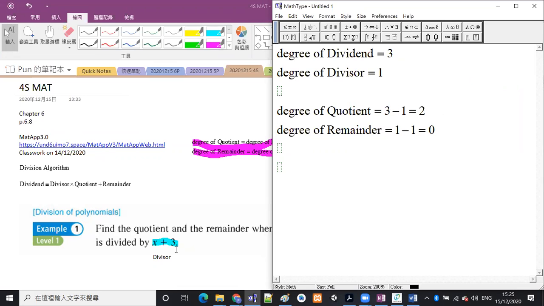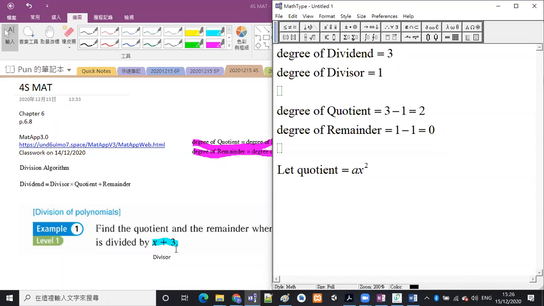OK? 好啦，我哋知道個 degree 之後，我哋就識得點樣 let 啦。我就會 let the quotient be, 因為佢係 degree 2，即係佢嘅 highest power of x is 2, which means that there will be x squared term.